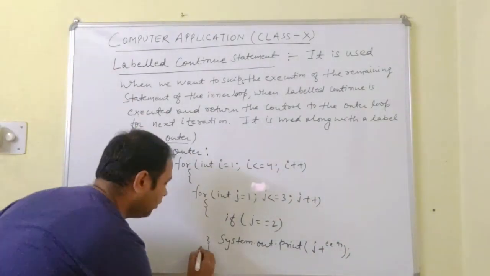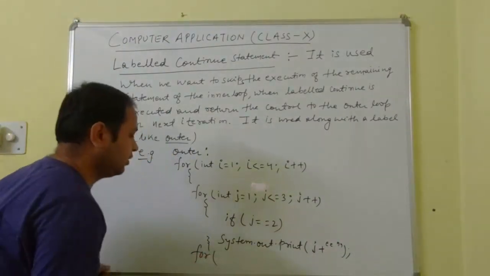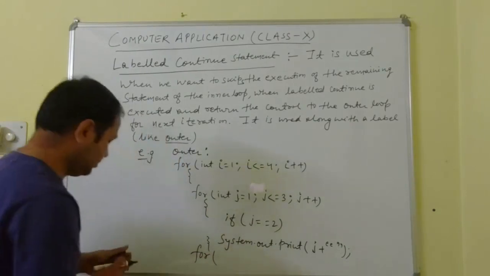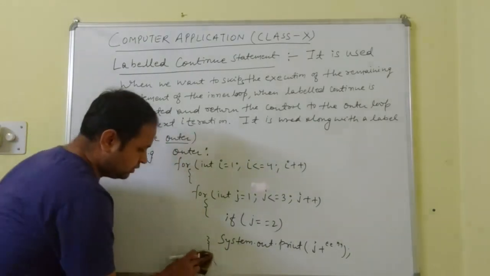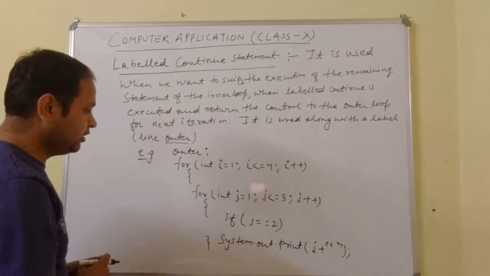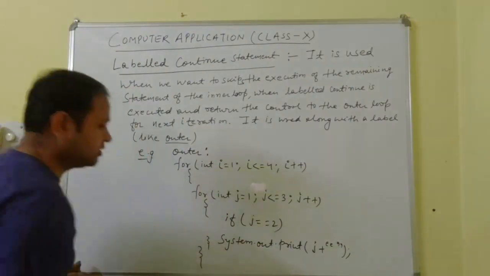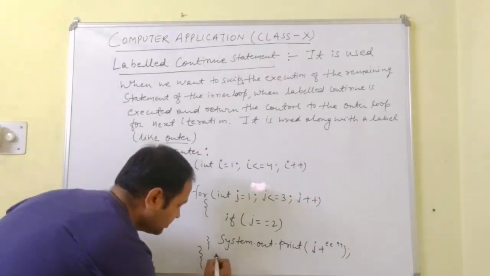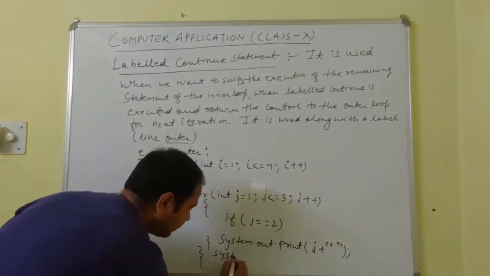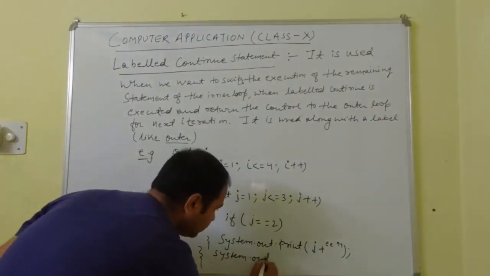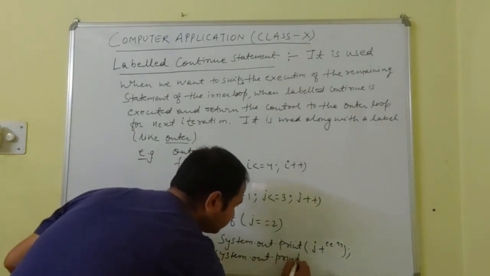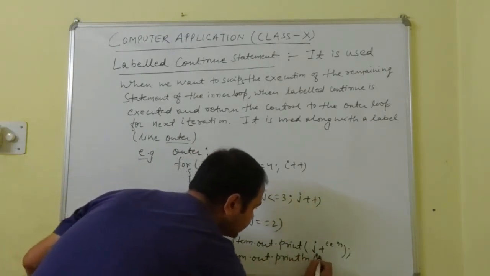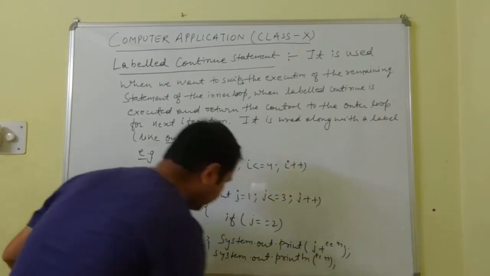Then you write here a line change statement, or similarly you can close the outer loop. I just close the outer loop. It also changes the line, but it's better to write here system dot out dot println with a blank message, then close the outer loop.